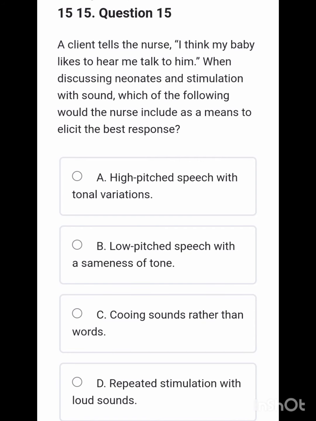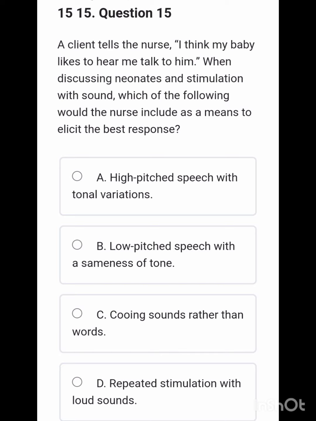The 15th question is, a client tells the nurse, I think my baby likes to hear me talk to him. When discussing neonates and stimulation with sound, which of the following will the nurse include as a means to elicit the best response? It is very important to speak to the neonates.